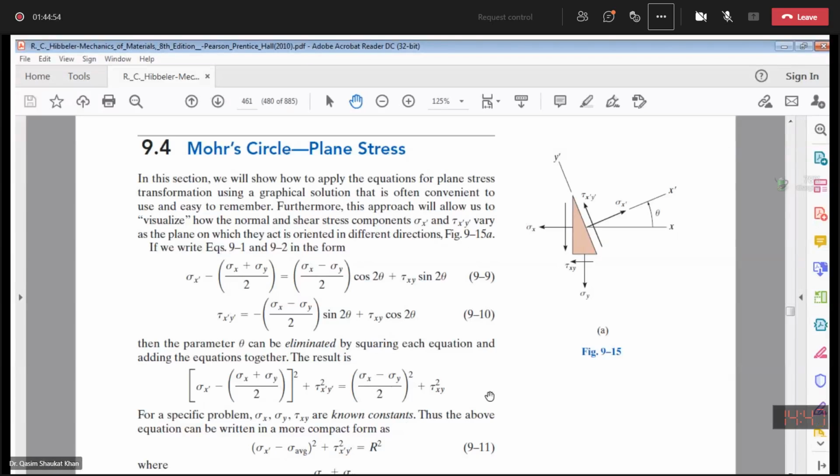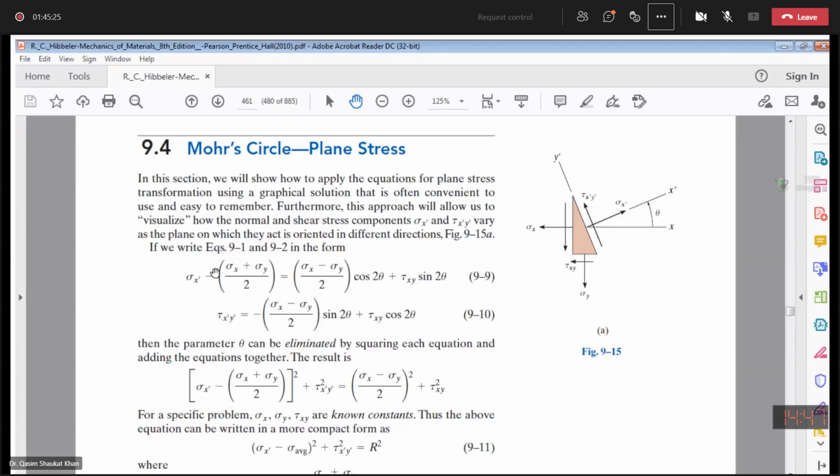For this interruption. So each point on the Mohr circle will have a particular value of sigma x and tau xy. Now let's start with how the Mohr circle principle works. There are two main equations, 9(1) and 9(2). This is your equation 1, this is your equation number 3. This is the same equation, sigma x dash.